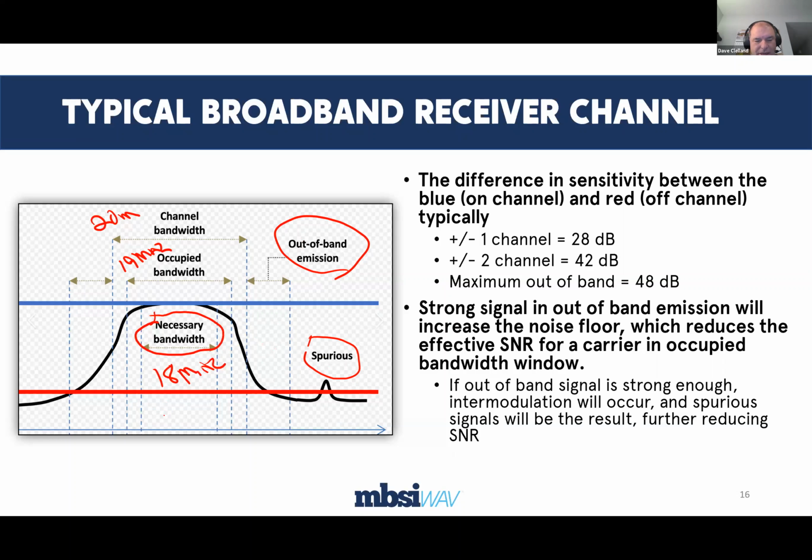We also have energy that's called spurious energy that's outside of the out-of-band emission, that's caused by a frequency in here, say maybe a frequency here, a frequency here. There's some frequency selective fading that goes on in here, and the result of this, if you know anything about intermodulation theory, F1 plus F2 equals F3. So depending on where this is makes where that spurious energy happens to fall.